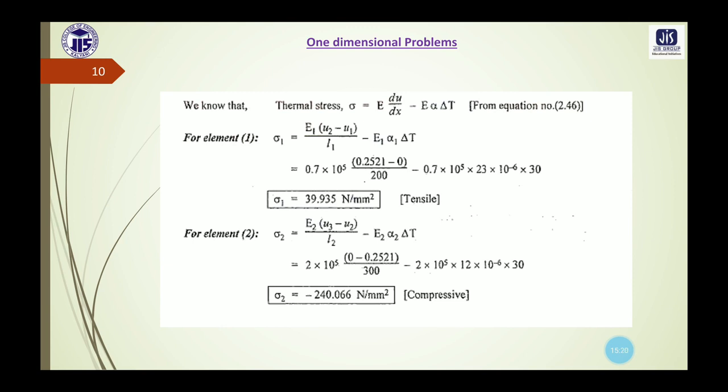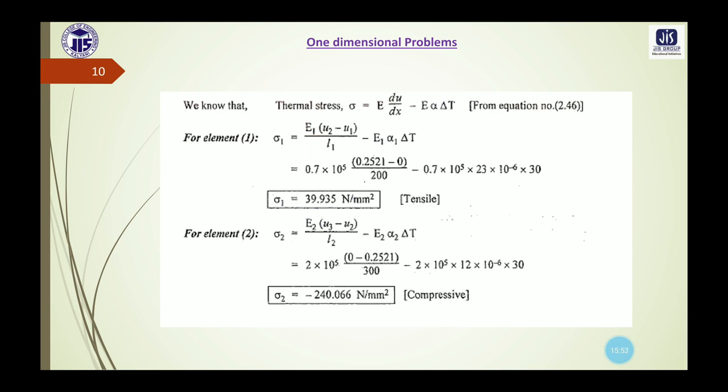Next, we need to apply the formula of the thermal stress, which is sigma equals E du/dx minus E alpha delta T. Now, for element 1 and 2, we need to write the equation considering nodes 1, 2 and 3 for the corresponding elements.